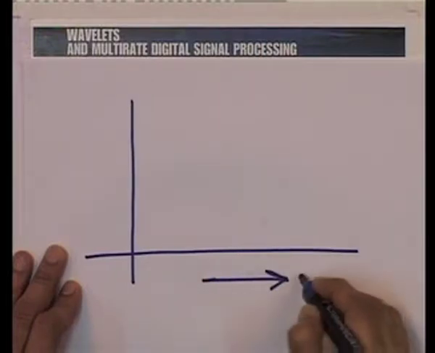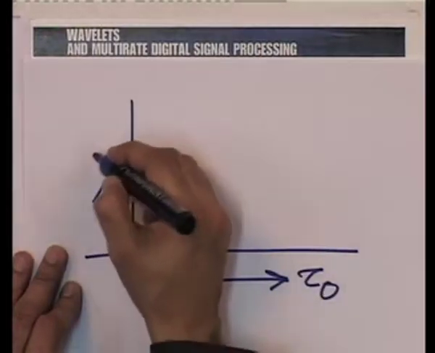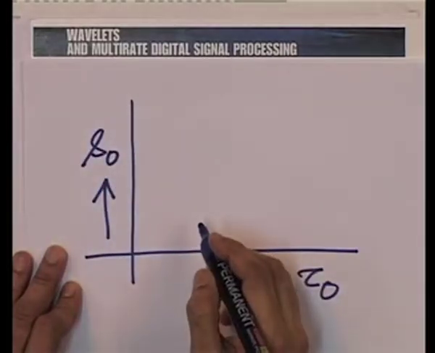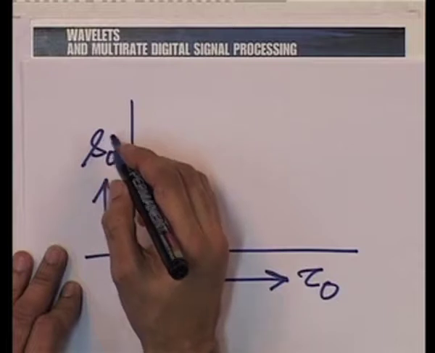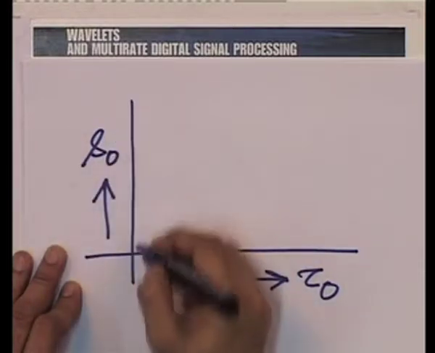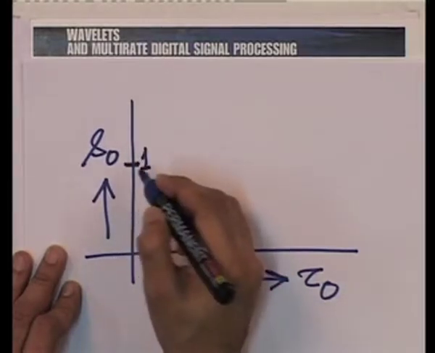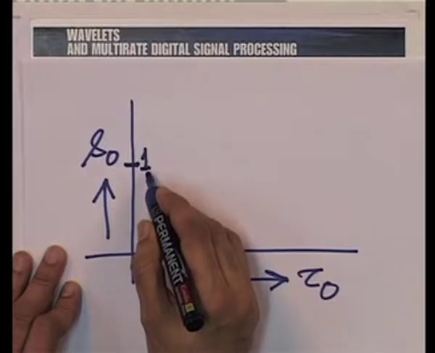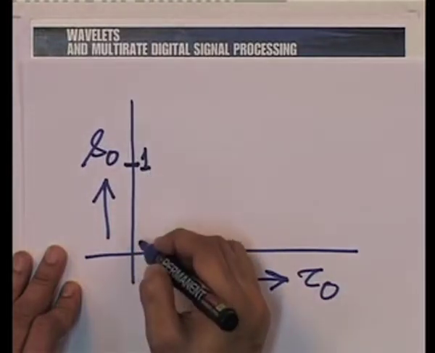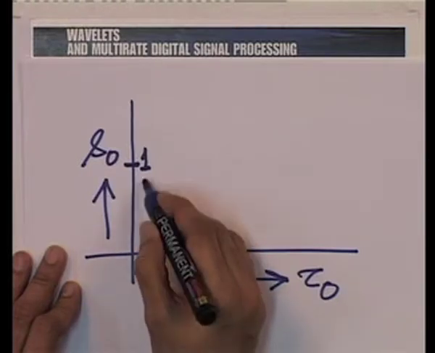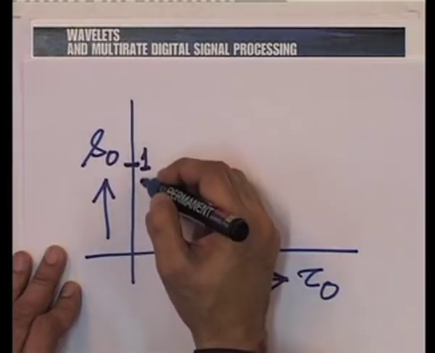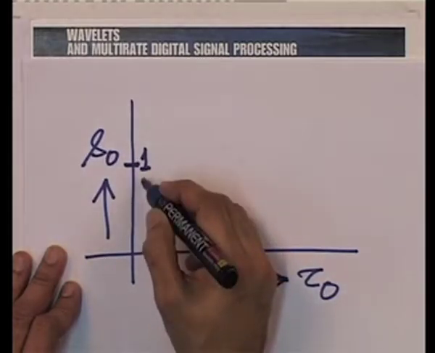Now coming back to the tiling, what we are saying is the following. In the continuous wavelet transform, larger S naught means smaller frequency and smaller S naught means larger frequency, and of course, the distinguishing point is 1. When S naught is 1, there is no contraction or expansion. When S naught is less than 1, there is an expansion in frequency and contraction in time.